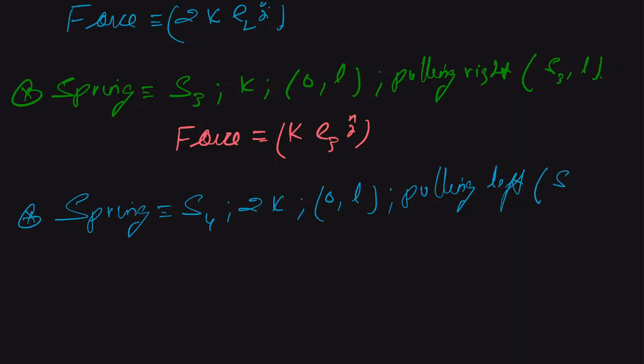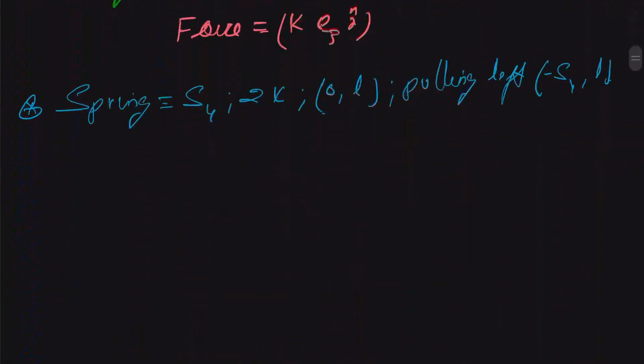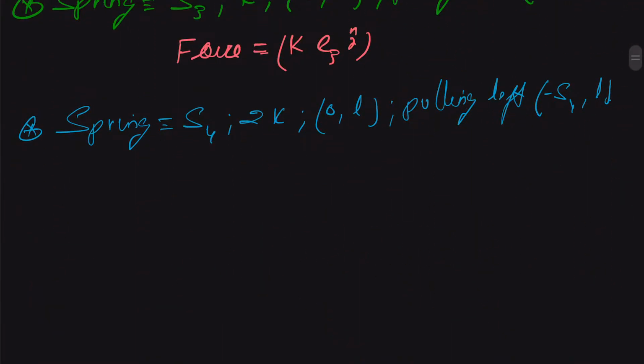And suppose that is our minus S4, L. So therefore we can say the force will be equal to, spring constant is minus 2K, and this is E4 and our x unit vector.